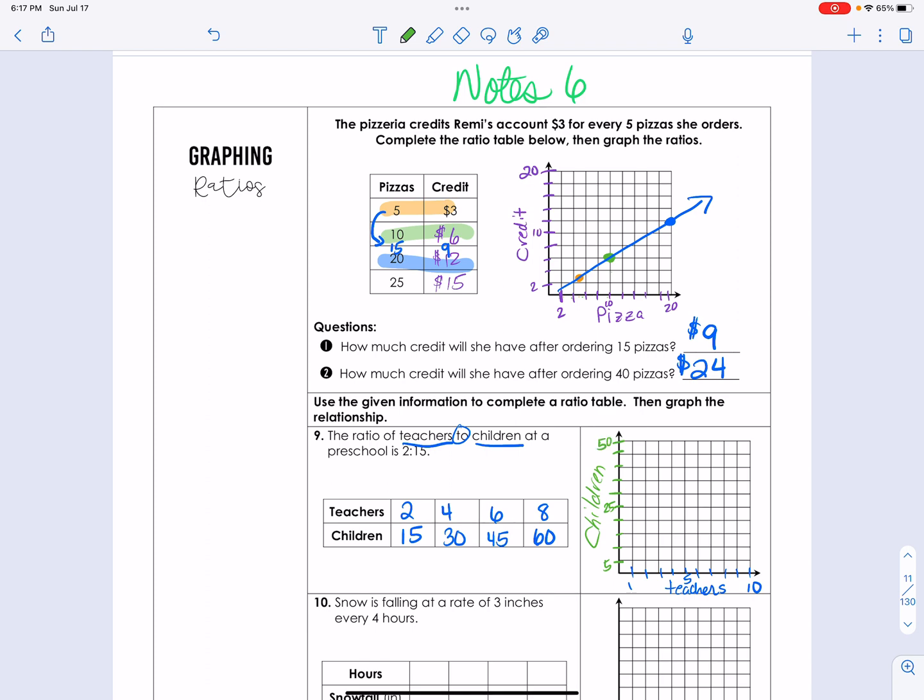So I don't think they'll all quite fit. But 2 teachers is 5, 10, 15 kids. 4 teachers is 5, 10, 15, 20, 25, 30 kids. 6 teachers is 5, 10, 15, 20, 25, 30, 35, 40, 45 kids. So it kind of makes a line like that.